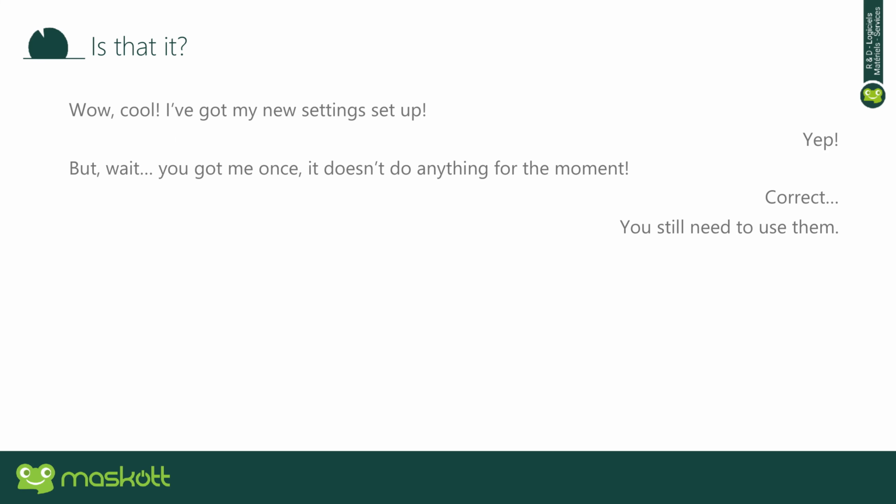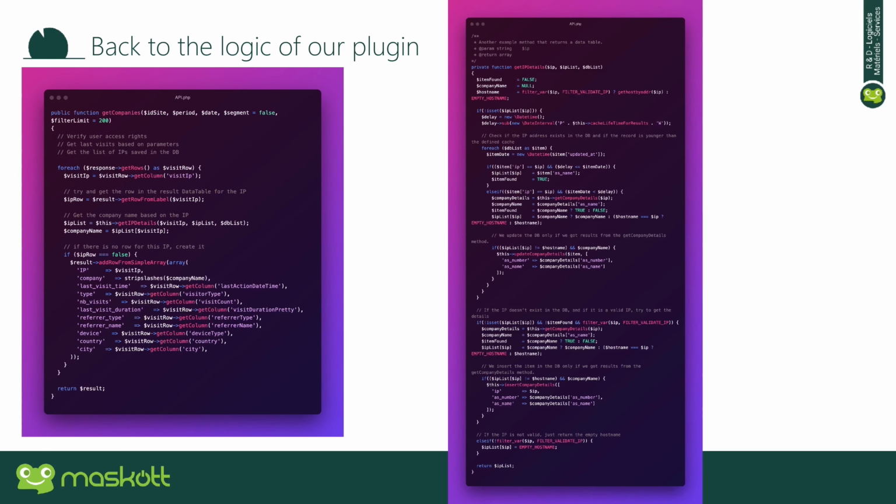So now that I have collected these settings from my users, how do I use them? So back to the logic of our plugin. What do we want to do? We want to compare the visits that we received on our website with an external API to see if we can get the name of the company to which our visitors belong.